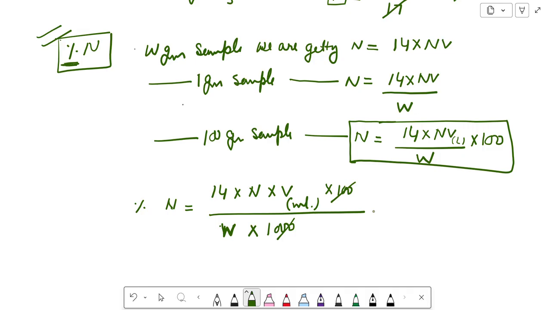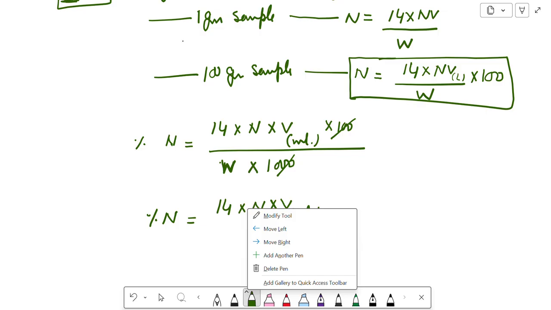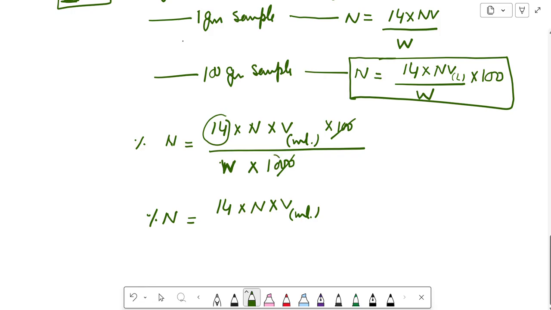So ultimately we will get the formula, that is percentage of nitrogen is equal to 14 into N into V, V in ml, divided by W into 10. So 14 by 10 we can write down like 1.4.